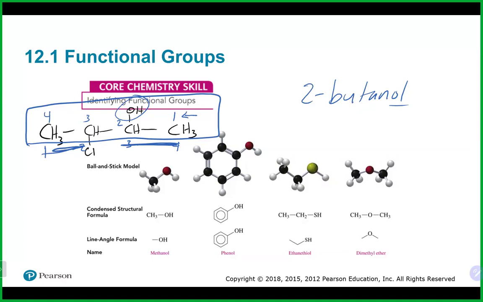And now I still have another group I put on there, which is a chlorine, and that's a chloro group. Because I numbered in this direction for the OH group, I've got to keep that numbering for this guy, and that puts it at carbon number 3. Again, you can't switch it up. You've got to lock it in one way and keep it for everybody. And that would be 3-chloro-2-butanol. Any questions on that one there?